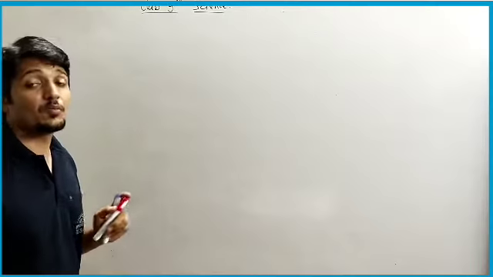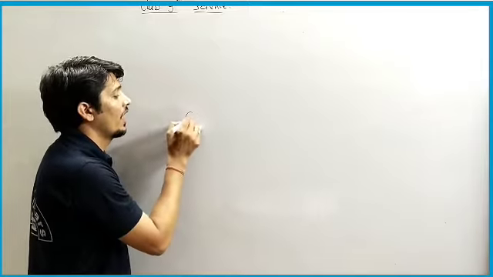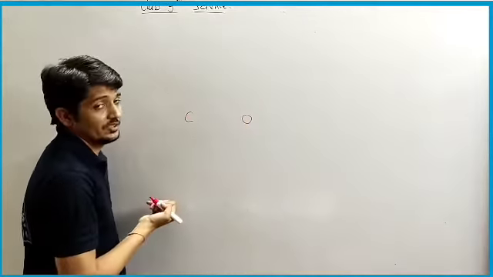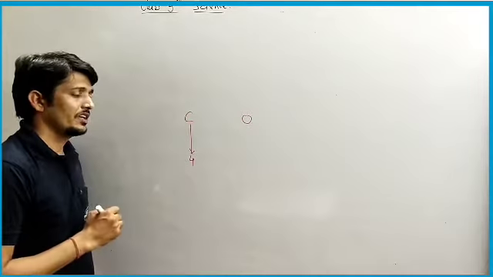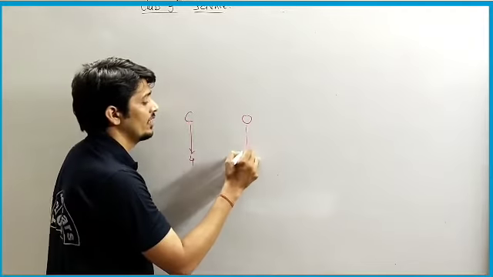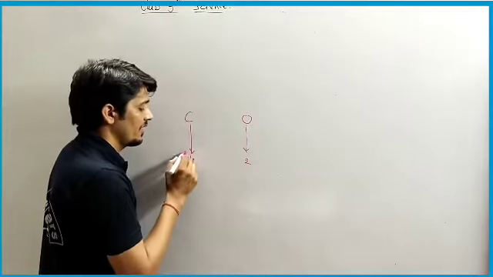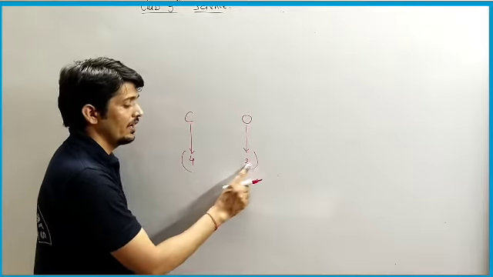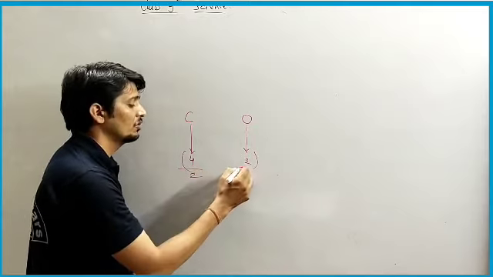वैलेंसी के बेस के ऊपर हमको कंपाउंड फॉर्म करना आना चाहिए. Like we have carbon and we have oxygen. So the valency of carbon is 4 and the valency of oxygen is 2. Here we have 4 and here we have 2, so we have to divide both by 2.